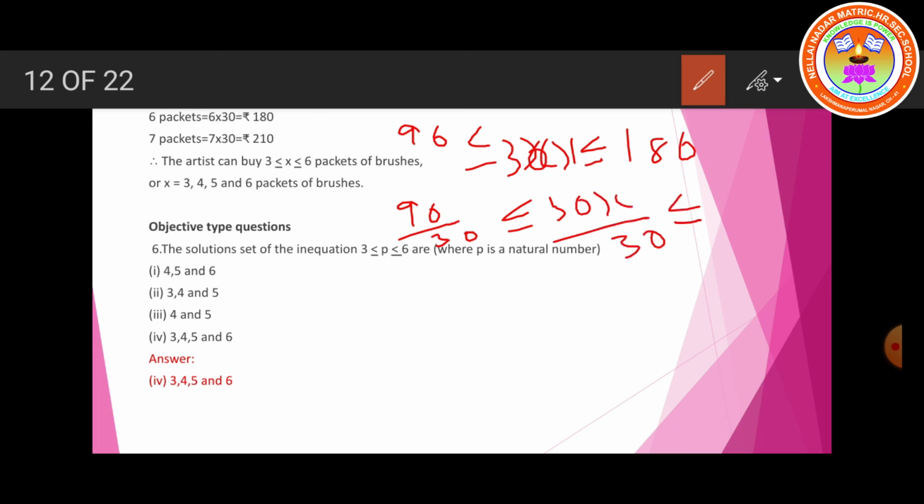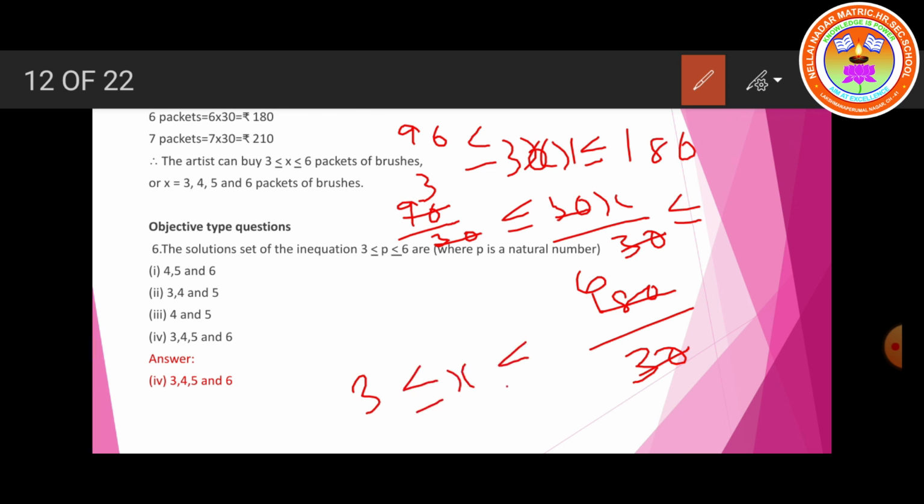The 30 gets cancelled, giving 3 less than or equal to x less than or equal to 6. That is the answer. Therefore the artist can buy 3 less than or equal to x less than or equal to 6 packets of brushes, or x equals 3, 4, 5 and 6 packets of brushes.